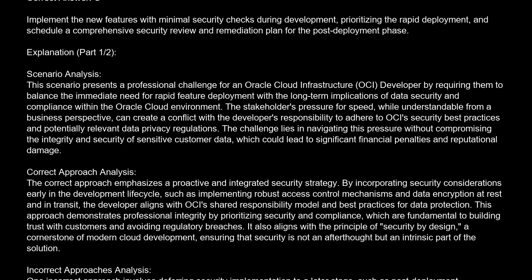This approach demonstrates professional integrity by prioritizing security and compliance, which are fundamental to building trust with customers and avoiding regulatory breaches. It also aligns with the principle of security by design, a cornerstone of modern cloud development, ensuring that security is not an afterthought but an intrinsic part of the solution.